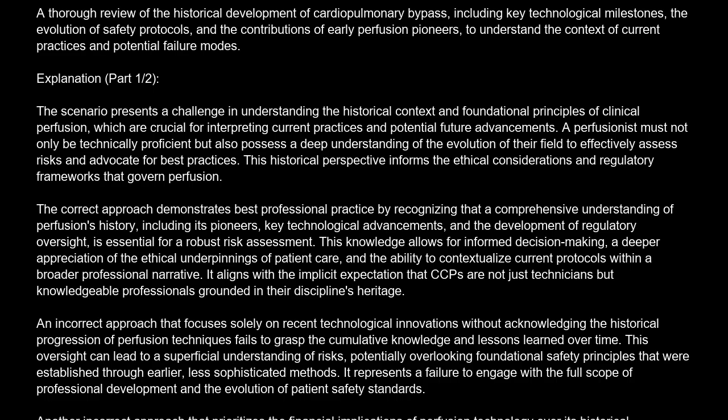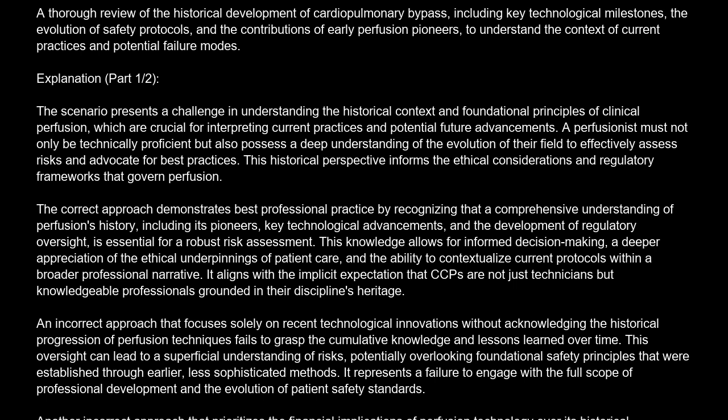This knowledge allows for informed decision-making, a deeper appreciation of the ethical underpinnings of patient care, and the ability to contextualize current protocols within a broader professional narrative. It aligns with the implicit expectation that CCPs are not just technicians, but knowledgeable professionals grounded in their discipline's heritage.